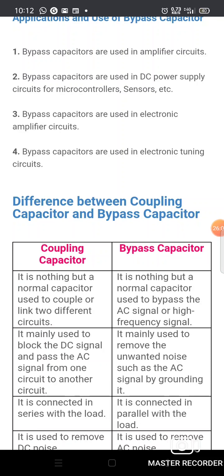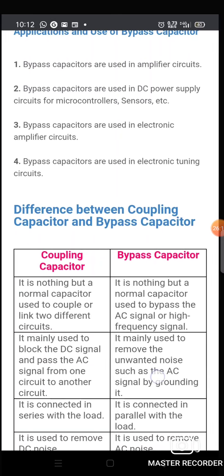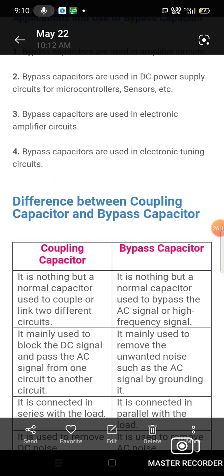That is the emitter terminal, which is common for common emitter configurations. So one more application of the bypass capacitor is electronic tuning circuits. These are a few applications of coupling and bypass capacitors.